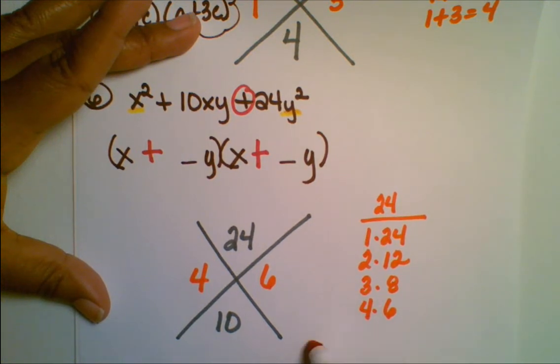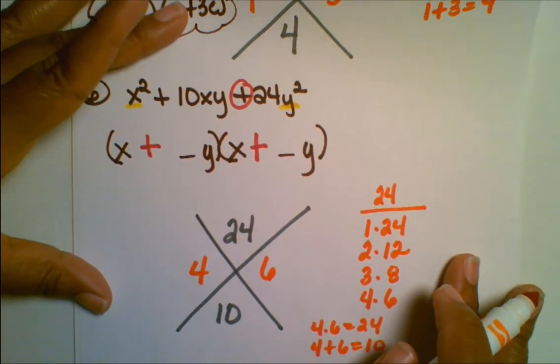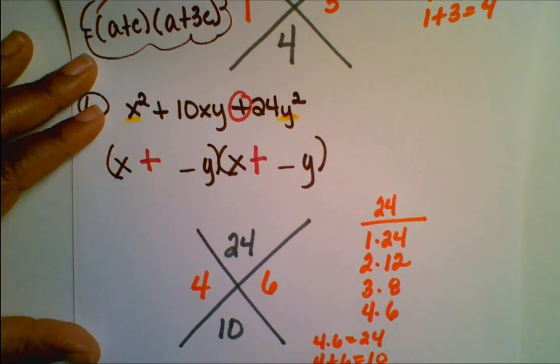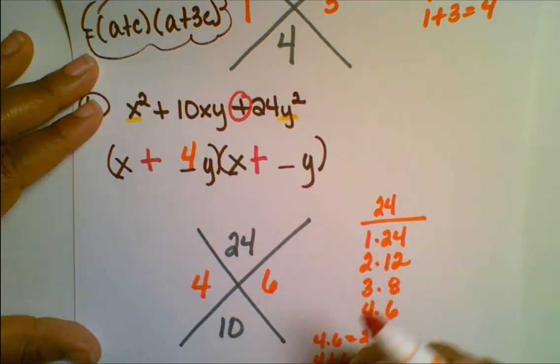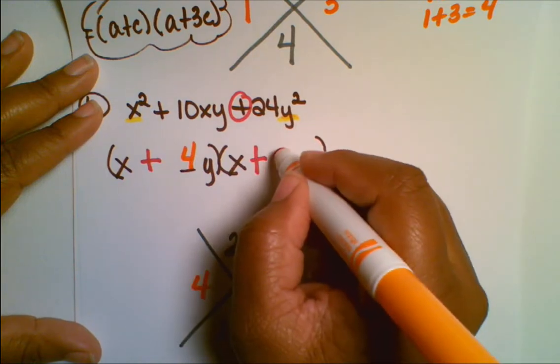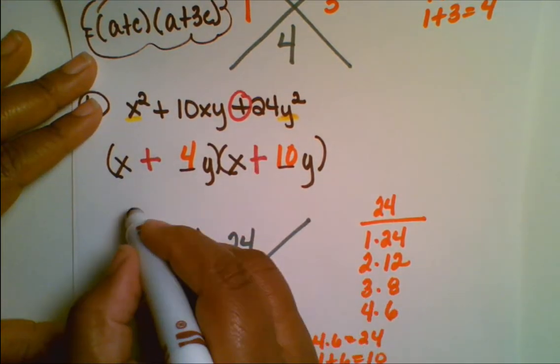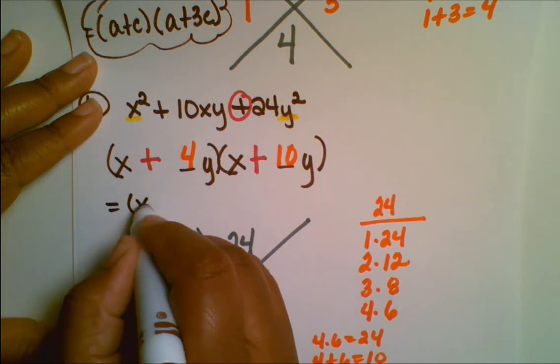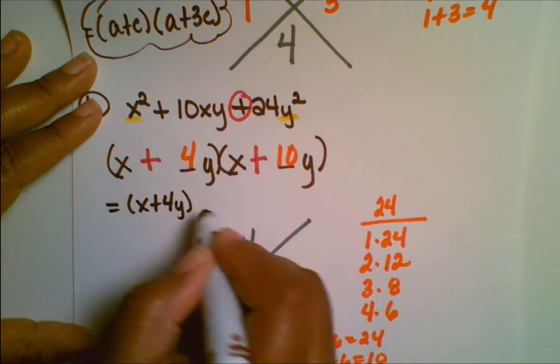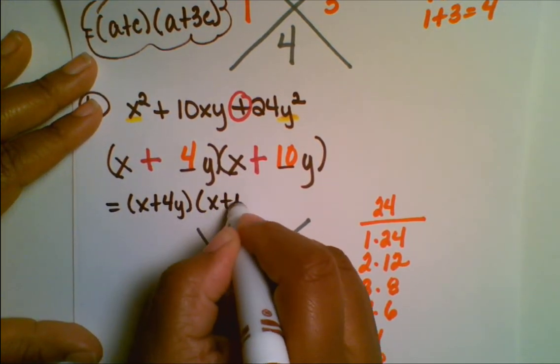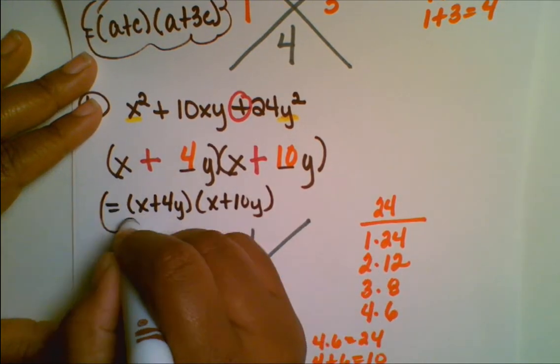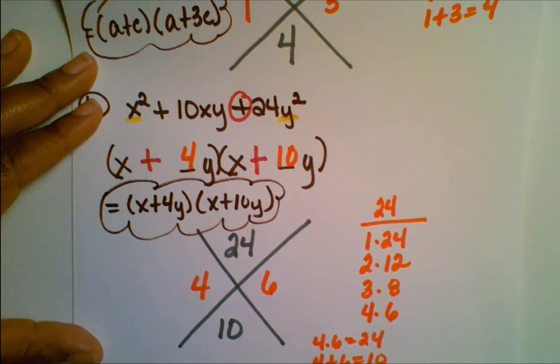Because 4 times 6 is 24, and 4 plus 6 is 10. So let's fill in. For the last term we have 4y and 6y. So our answer, just to clean it up, is x plus 4y times x plus 6y. There we go.